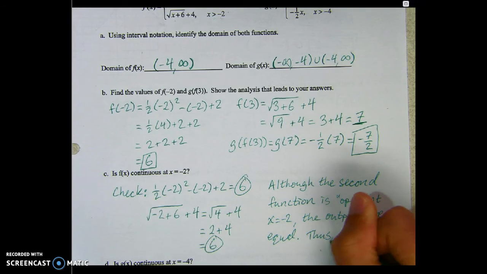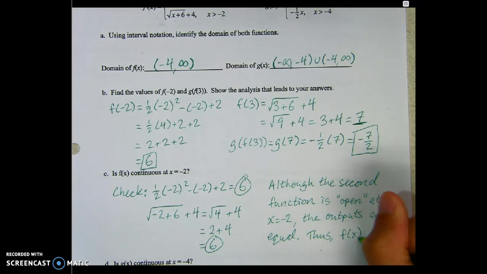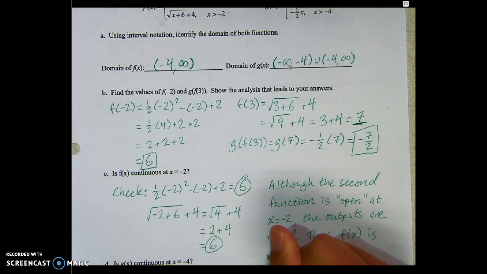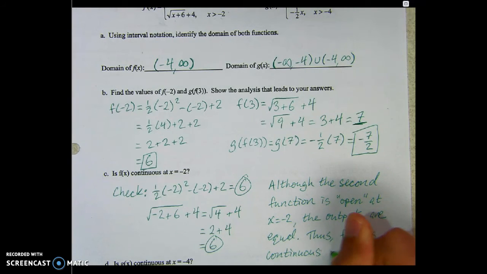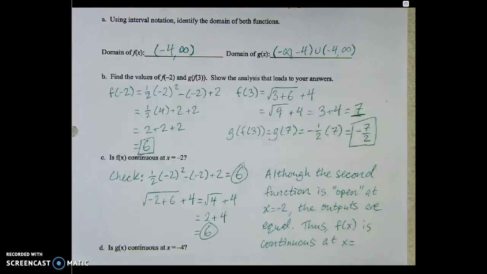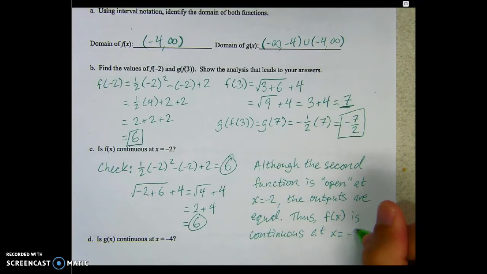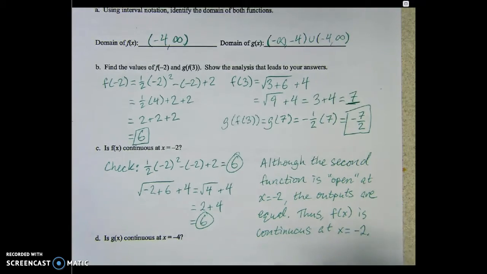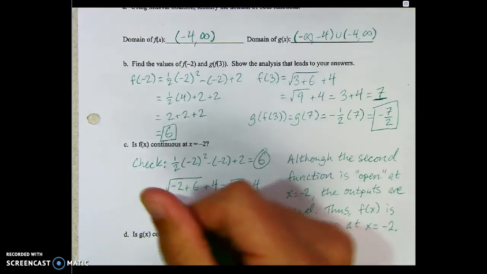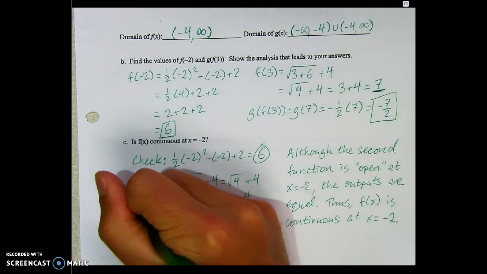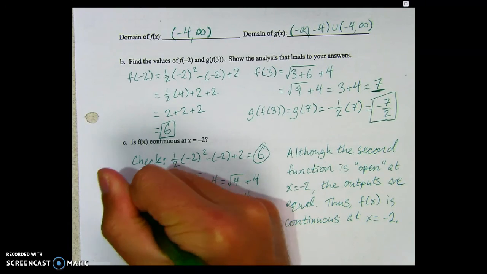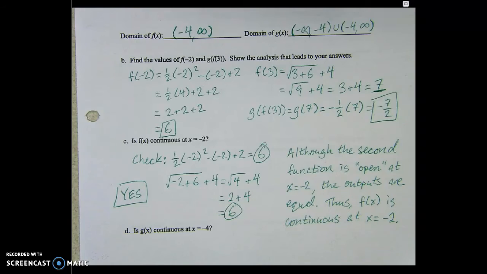Thus, f of x is in fact continuous at x equals -2. Right, so the answer is yes. F of x is continuous.